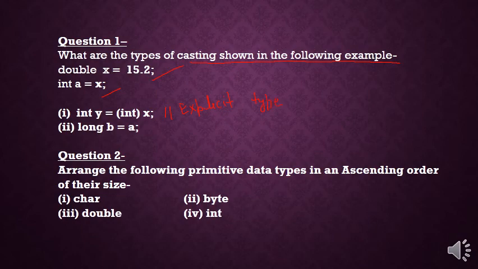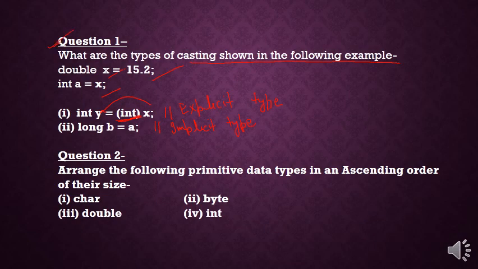Because here is what? Inside the parenthesis, the target data type. So here x is in double data type. So you are converting double into an integer. Next, here is what? Which type of conversion? It is performed by the Java compiler. So it is known as what? Implicit typecasting. Very important question it is, children.